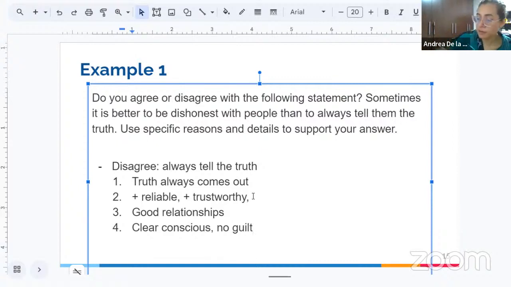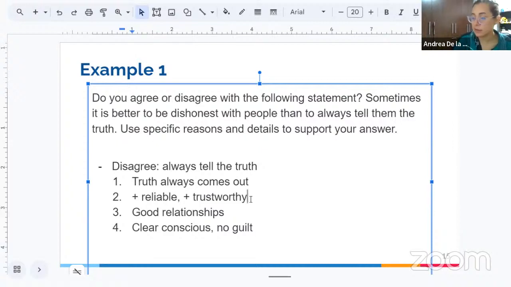So for example, if we look at option 2 and 3, at reasons 2 and 3, if you think about it, they are really related, right? So building good relationships basically involves being a reliable and trustworthy person, right? So being reliable, being trustworthy is all around the way that you relate to other people.